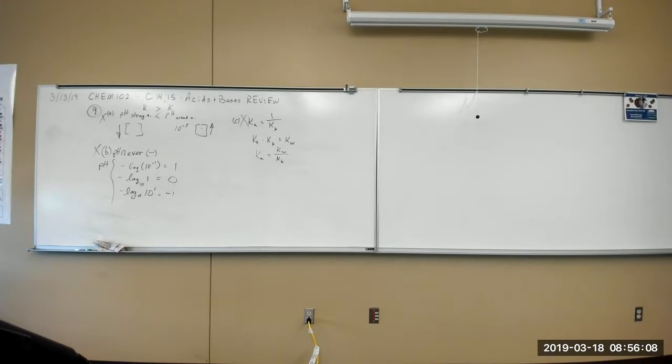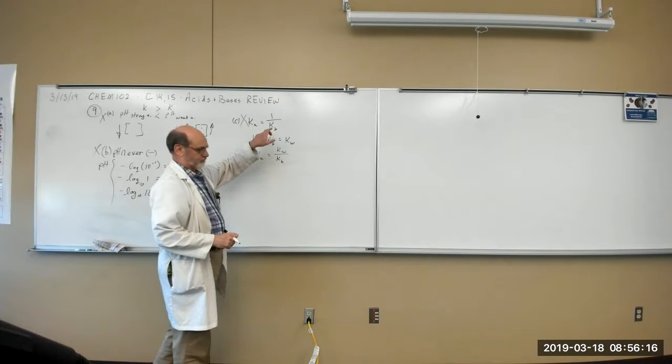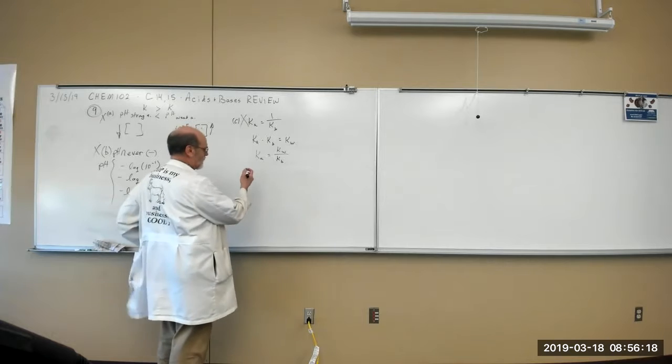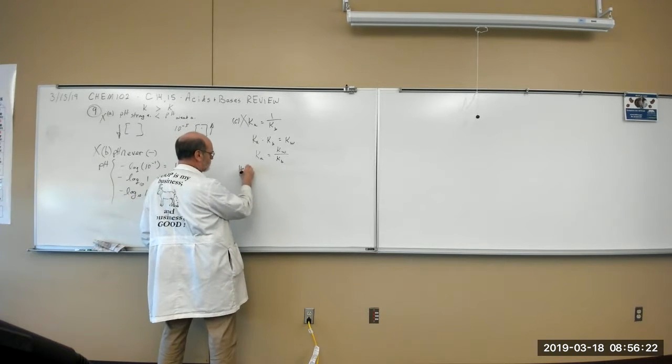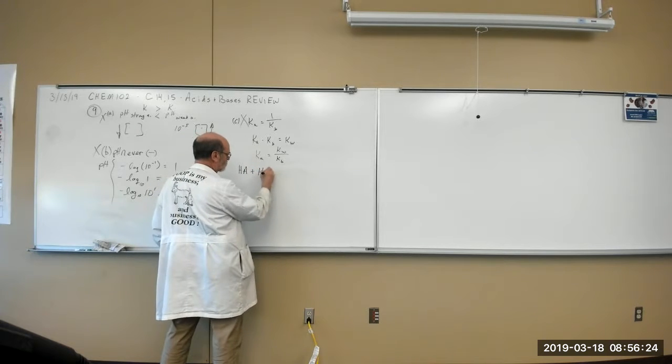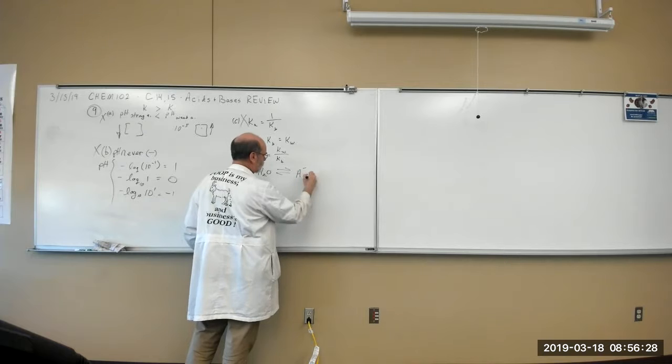So is that just the concentration of one acid and the concentration of another acid? No. These are related, because, let's look at it this way. Say you have an acid and it reacts with water and produces that plus that.